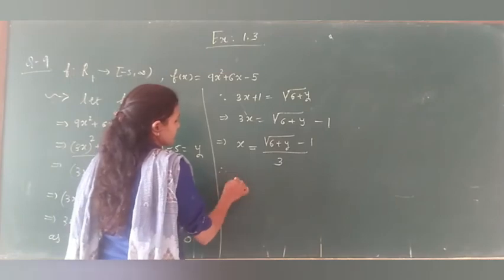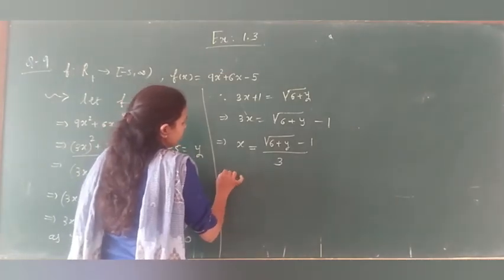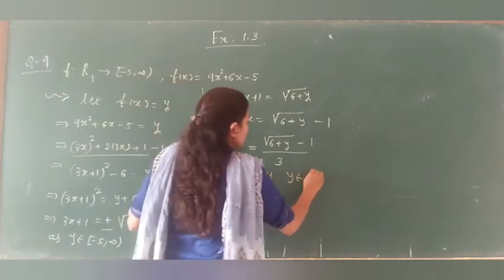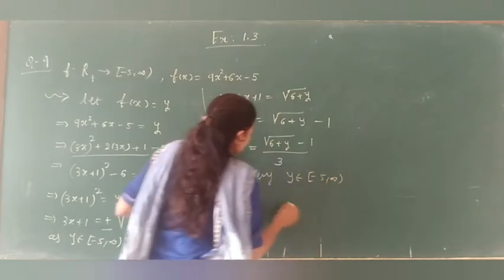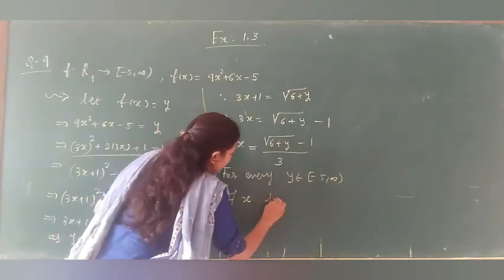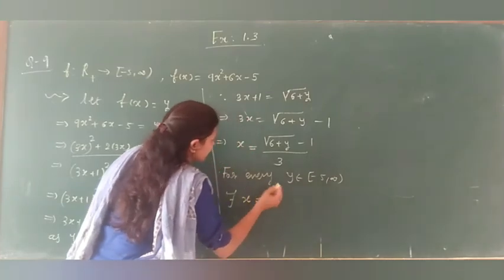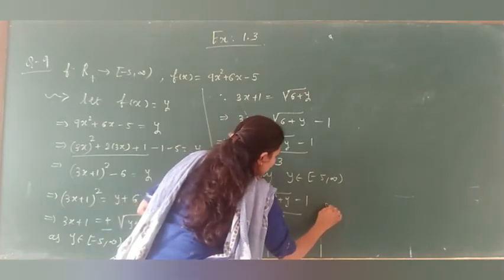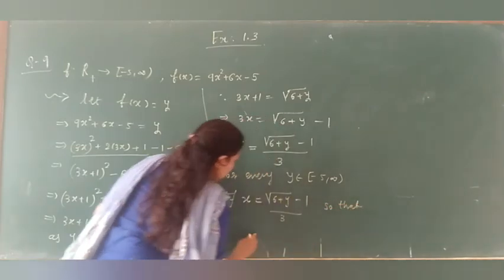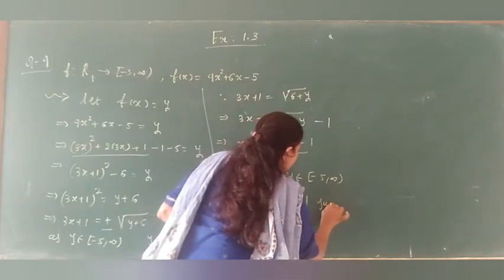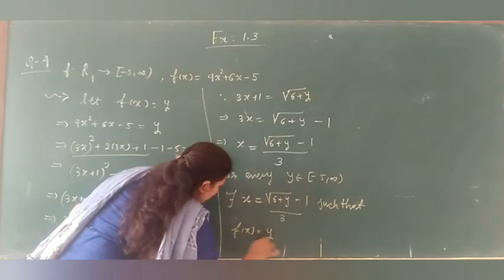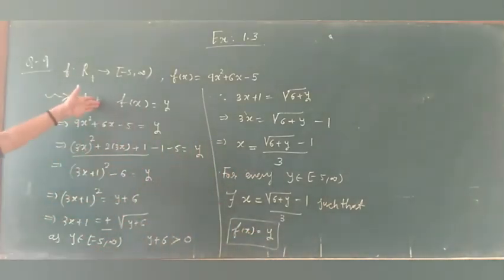Therefore for every y belonging to minus 5 to infinity, there exists x of the type under root 6 plus y minus 1 by 3, such that f of x is equal to y. This we started from f of x is equal to y, so no need to show it again.